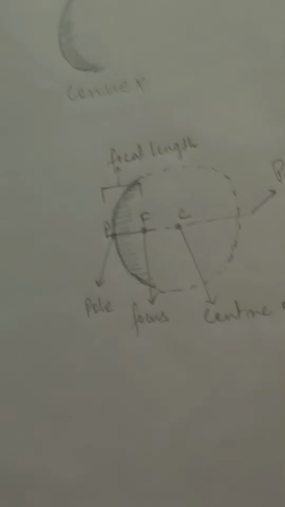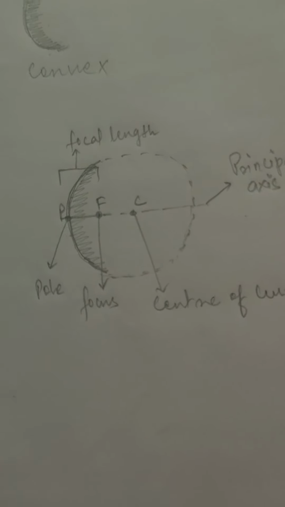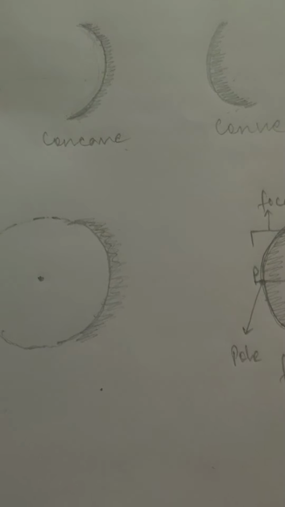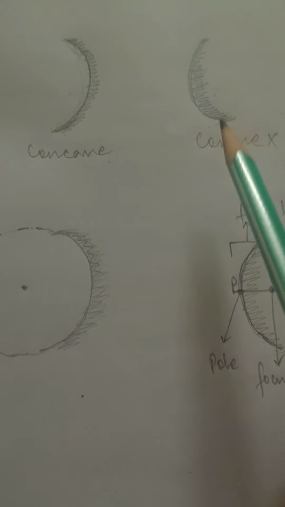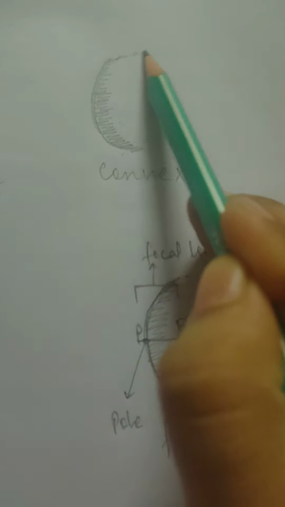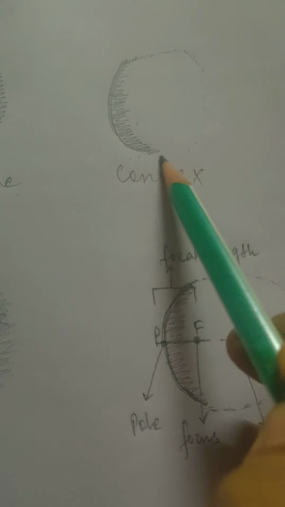Now coming to the names given to the definite parts of the spherical mirror. Why are we calling them spherical mirrors? Because if I make this thing full, I'll get a whole circle.